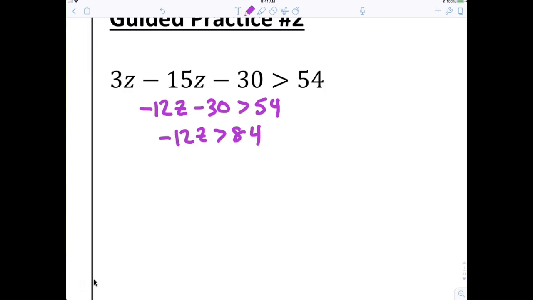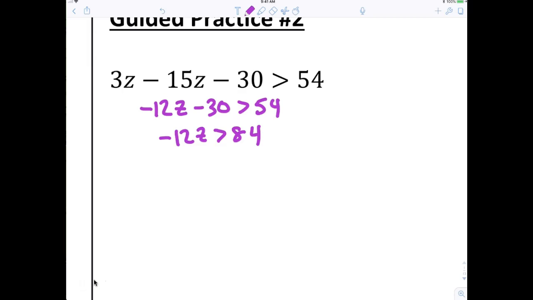Now, tell them, whenever you multiply or divide by a negative, you switch the signs. One rule. Whenever you multiply or divide by a negative, hello, I'm talking. Whenever you multiply or divide by a negative, you change all signs.